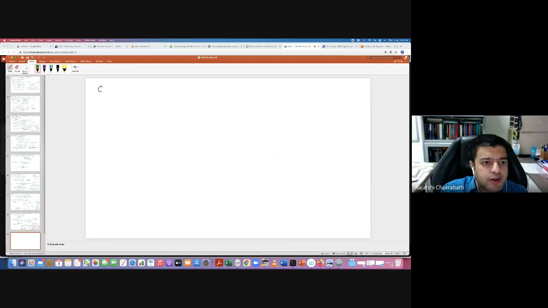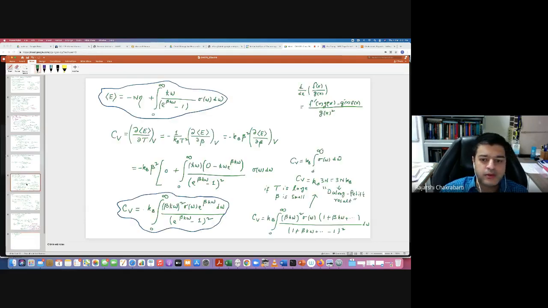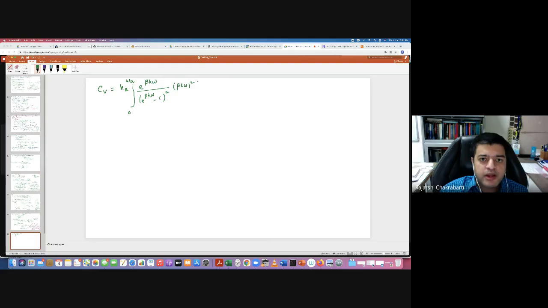Now if I calculate CV, let me write down kB. You remember the expression: it had 0 to infinity, now it has become 0 to omega d. If you go and check, you'll see that you had this in CV. But now I am replacing sigma omega, and I'll have some constant.